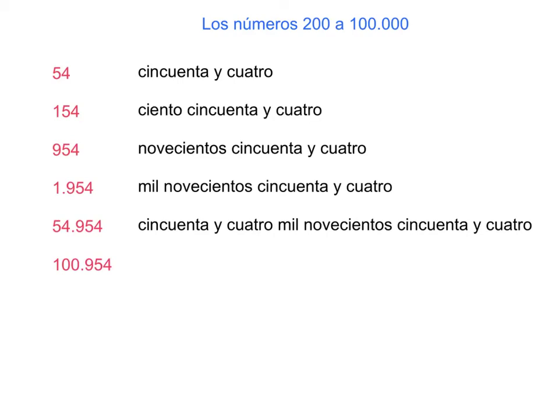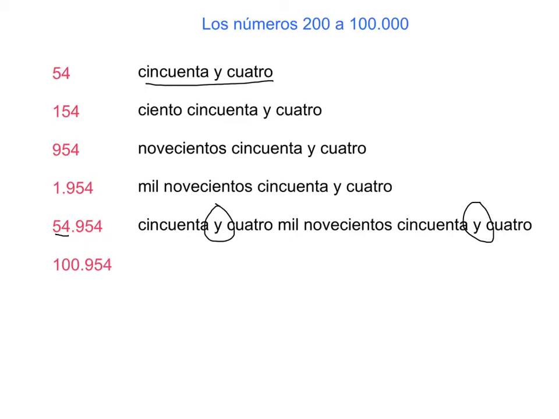Now, there is one exception to our rule that I would like to point out, and here's our number 54,954. And you're thinking, but wait, you just said we can't have the E early on and at the end, right? Well, here's the case. We want to say 54, and we know the way to say 54 is with the 54.